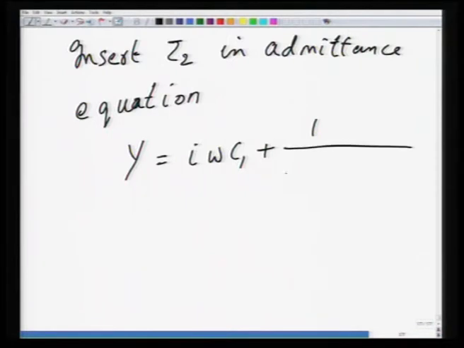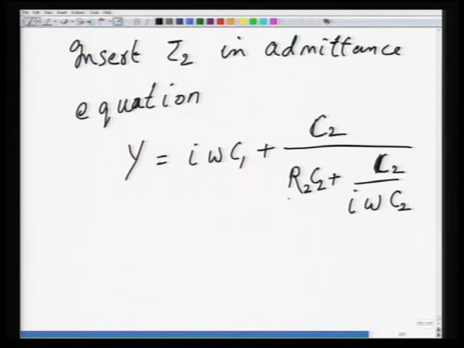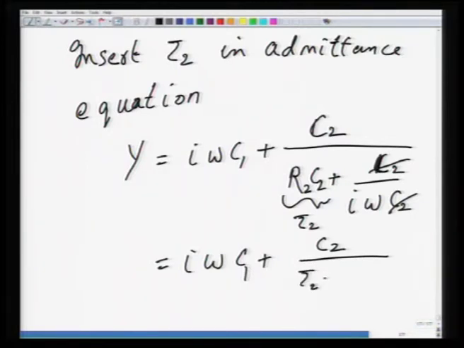What I had was R2 plus 1 over i omega C2. I am going to multiply by C2 here, so this becomes tau 2 and these cancel each other. So this is i omega C1 plus C2 divided by tau 2 plus 1 divided by i omega.